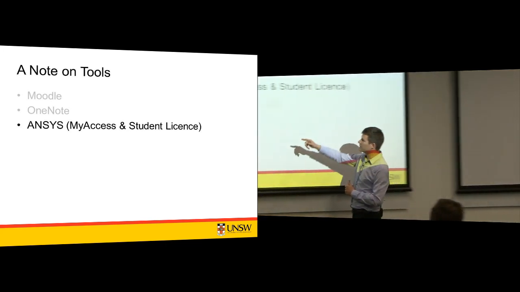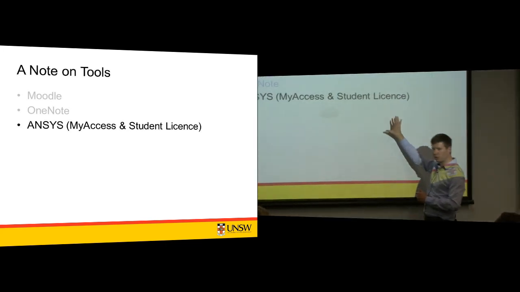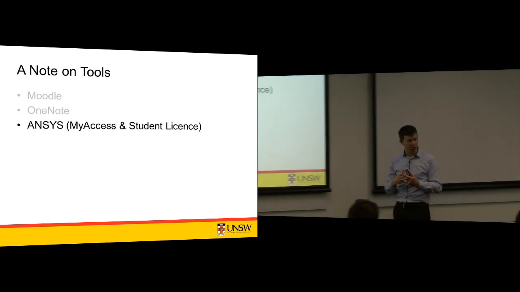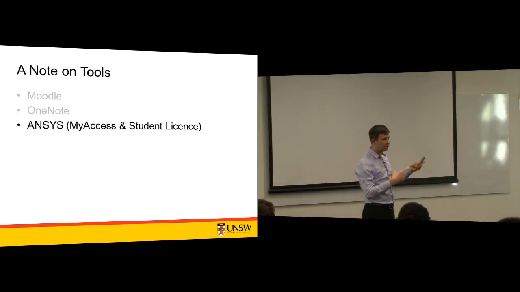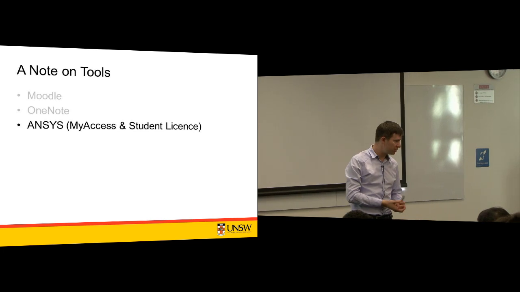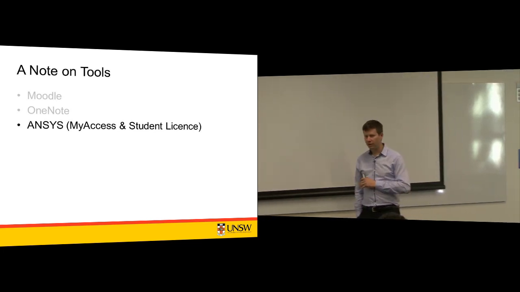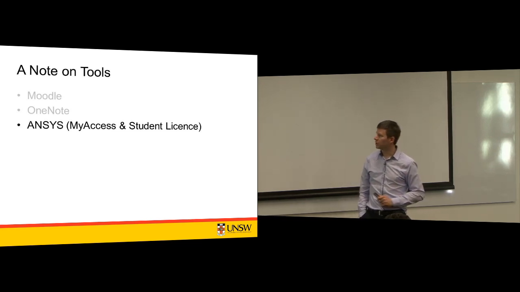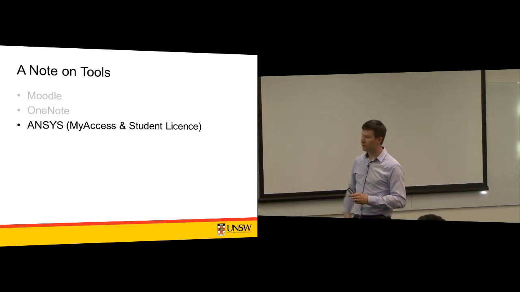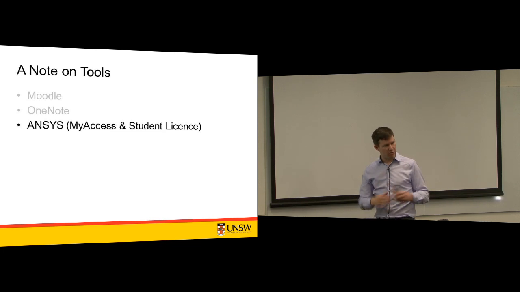And if you go to the ANSYS website, you can download a student license, which has a restricted number of nodes, and they'll give that to you for a year if you have a student email address. That's useful for smaller simulations, and it runs on your own machine, using your own processor and RAM.